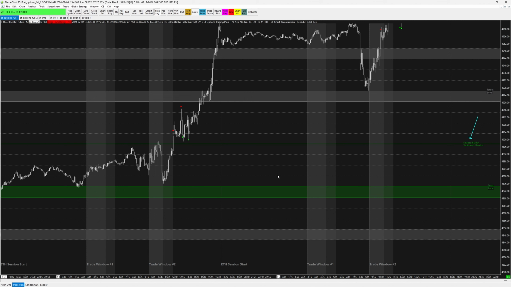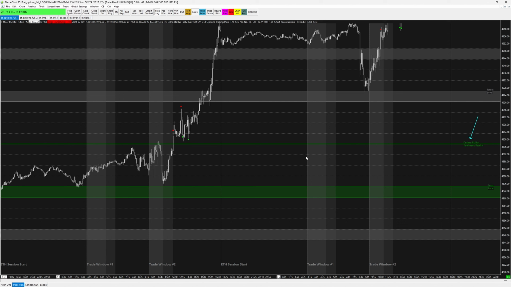So the color of these lines, and basically the direction in which we want to trade in particular time windows, is bullish in this case, and this is based on the dealers. You can also see here the sentiment is bearish, but that doesn't affect the color. So the sentiment is based on something different than the dealers.